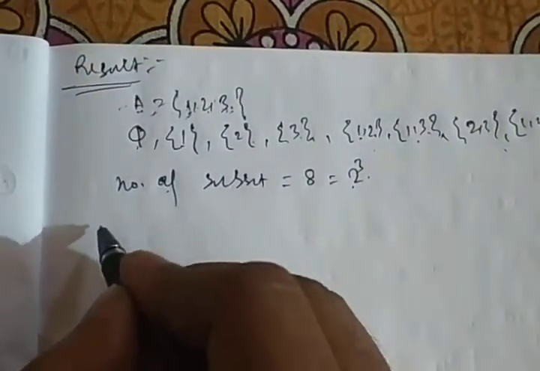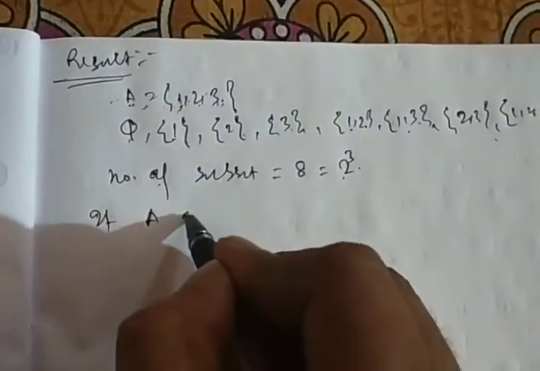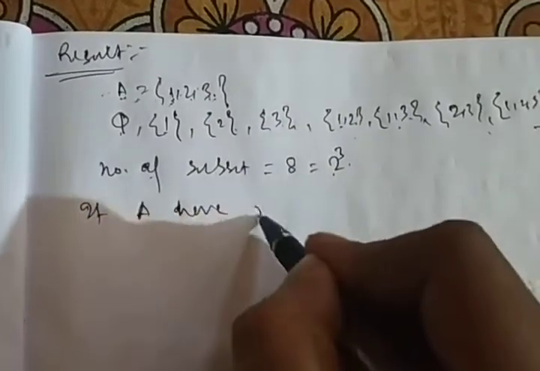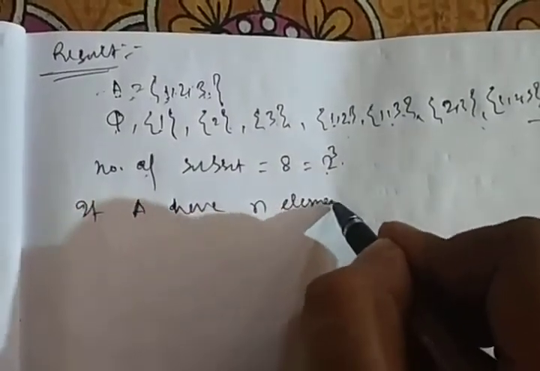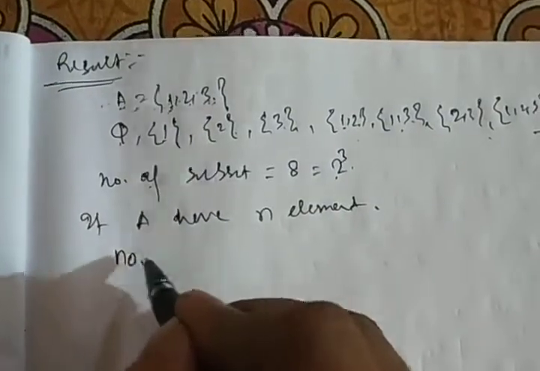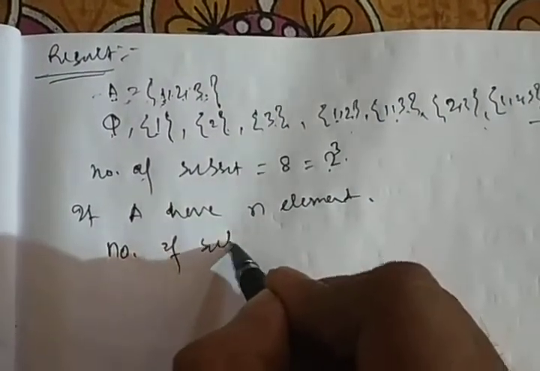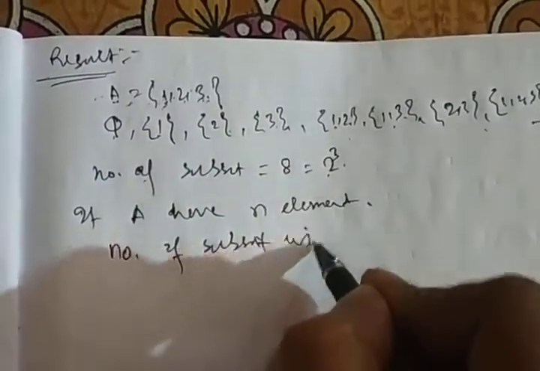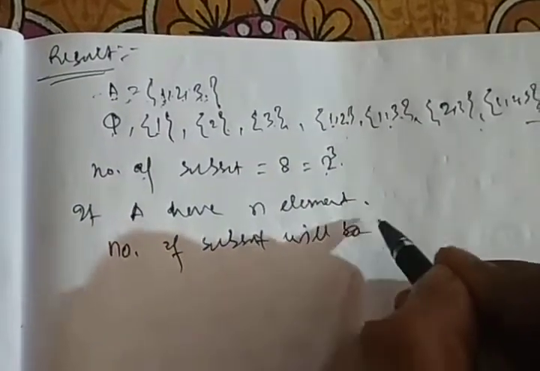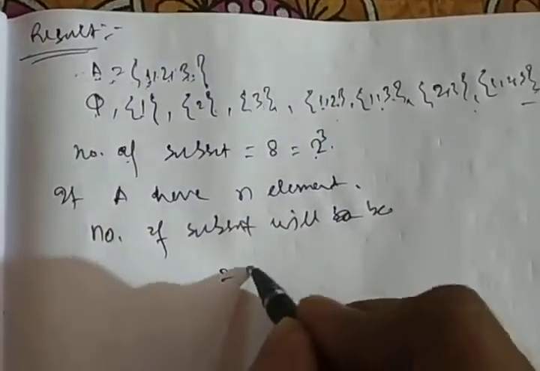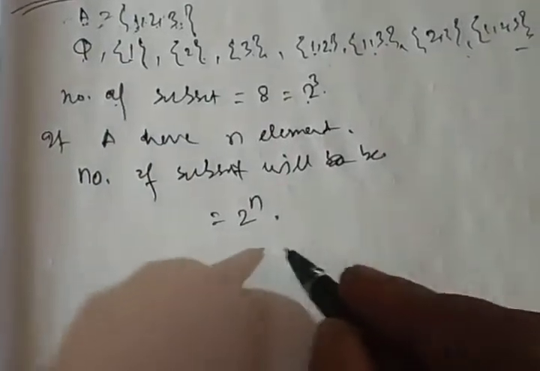So in general, if A has n elements, the number of subsets will be 2 to the power n. Now this is the general solution.